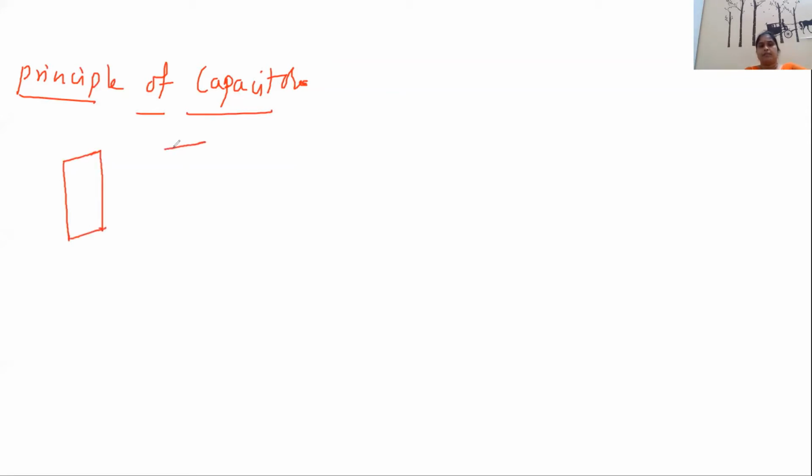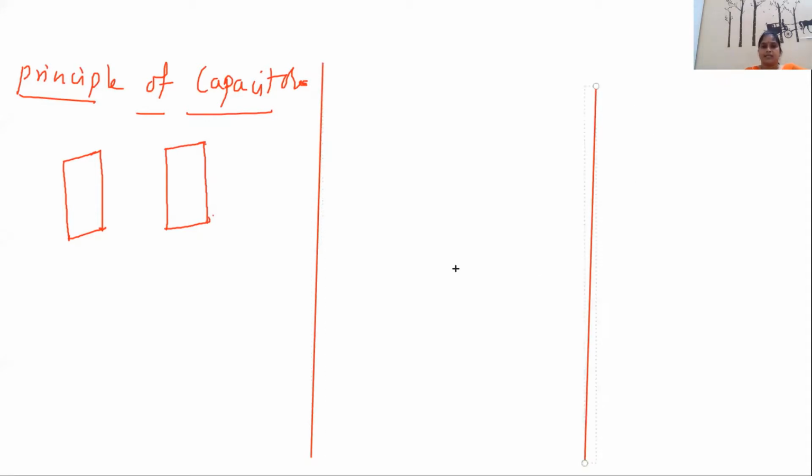There is another plate or a conductor. So like this, you take two plates here. They are separated by some distance. We will see how the charge is developed on them.